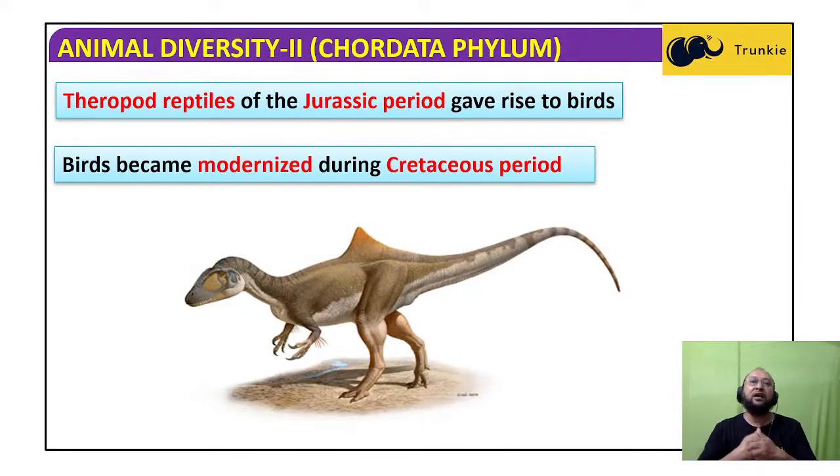The evolution of birds took place from these theropod reptiles. Birds became modernized during the Cretaceous period. Their evolution started in the Jurassic period, but they were fully evolved in the Cretaceous period after the Jurassic.